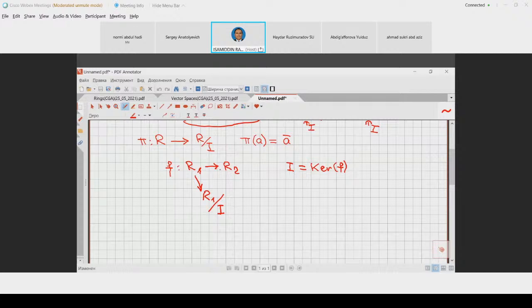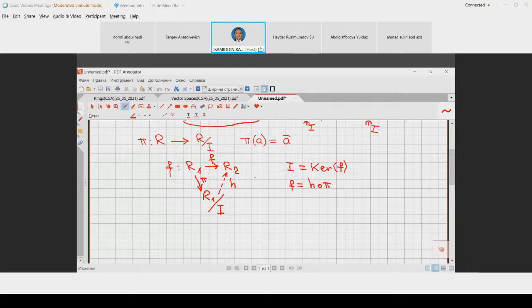Then there exists a unique homomorphism H from this quotient ring to R2, such that this is F, this is pi, and F is written as H composition pi.